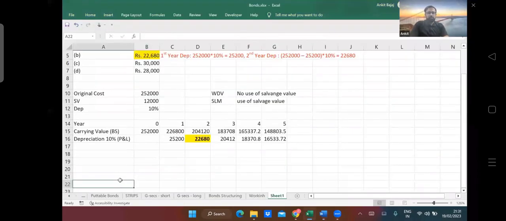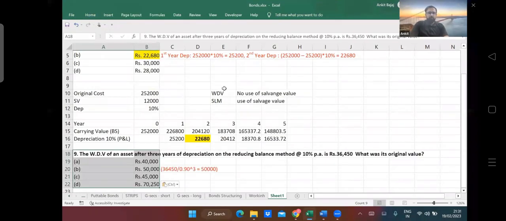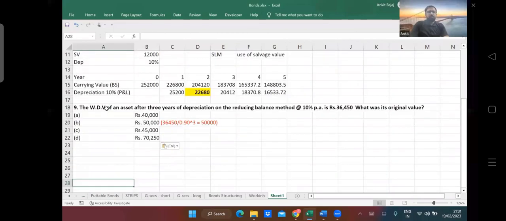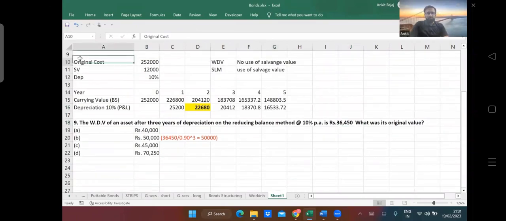Give me a moment, I will copy this question. I've copied this question in Excel. What this question says: the WDV of an asset after 3 years of depreciation on the reducing balance method at the rate of 10% is 36,450. What is the original value? We have to find out the original value.